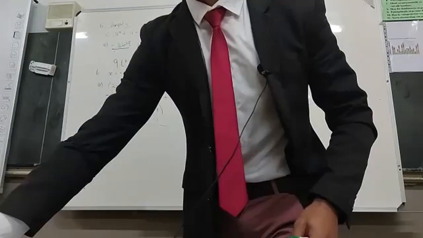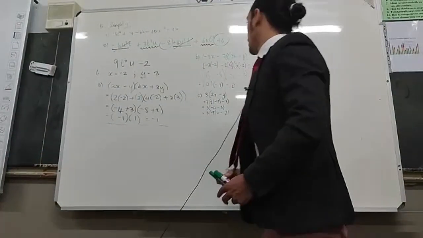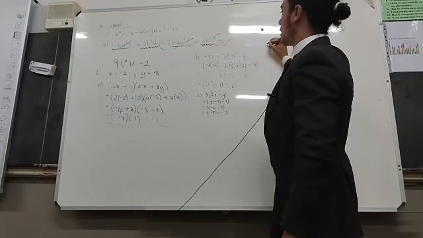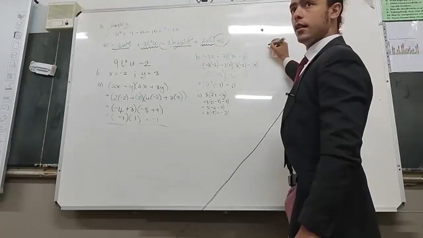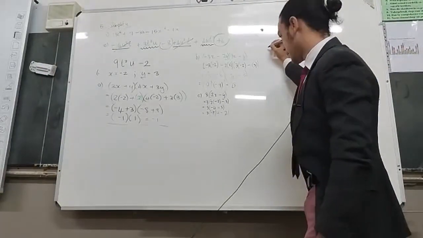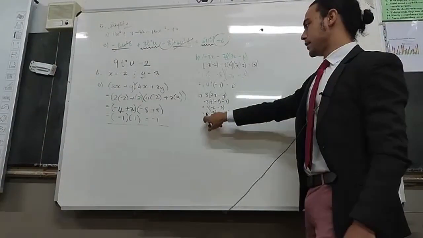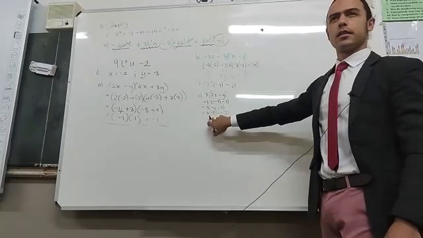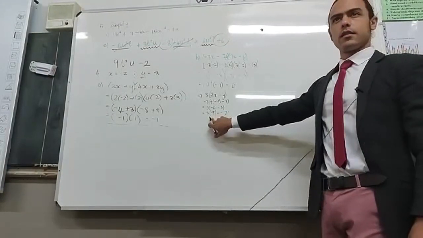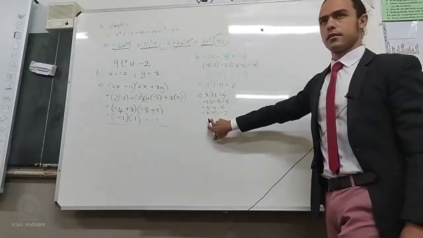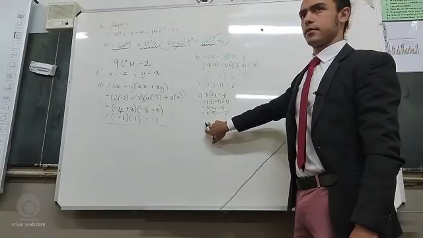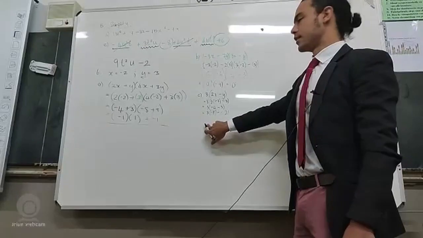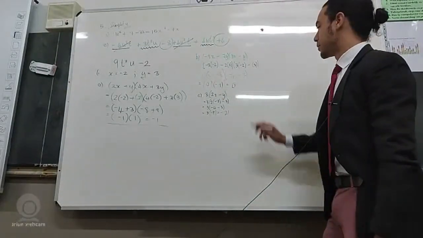Good stuff. 3 multiplied by negative 7, that's how I got to negative 21.